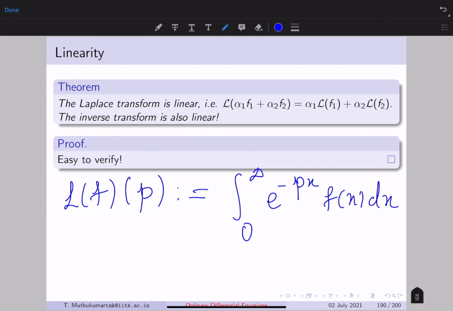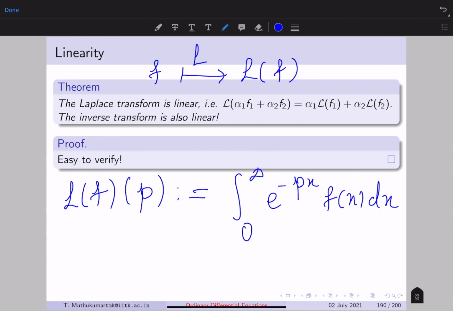So you can think of f going to L of f. This Laplace transform can be thought of as a map, as we explained in the previous lecture.